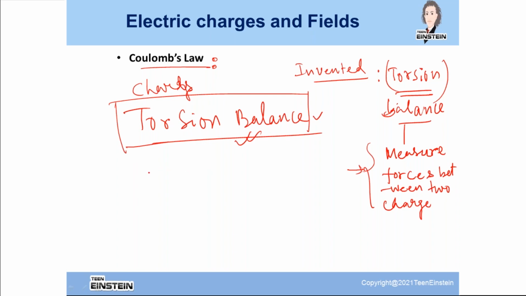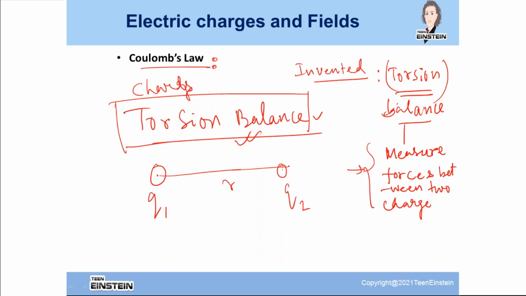Suppose there are two charges Q1 and Q2, separated by a certain distance r. What will be the force between these two? How did he find it? He could directly measure the force between two spheres. He took metallic spheres, one charged and another uncharged. That is discussed a little in your textbook. You can see that.